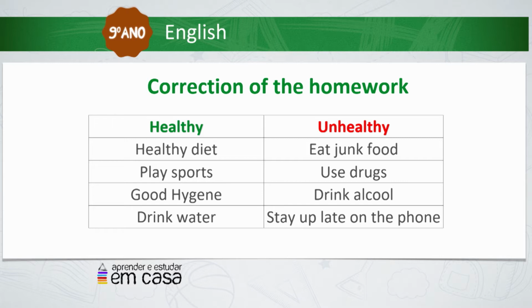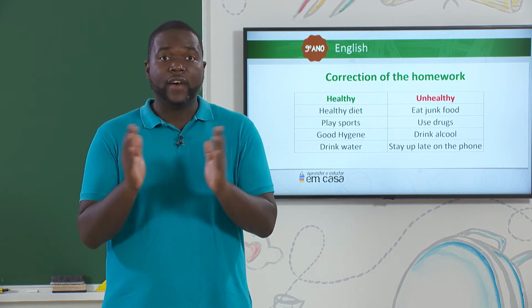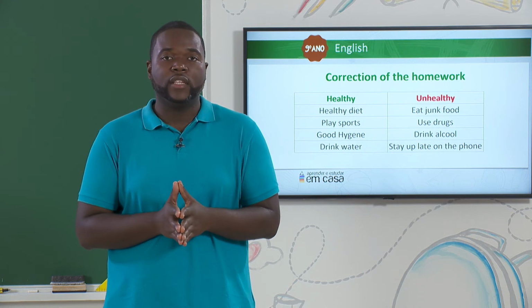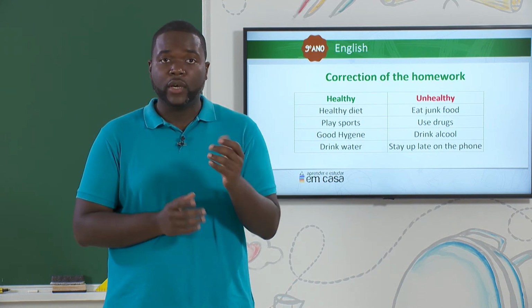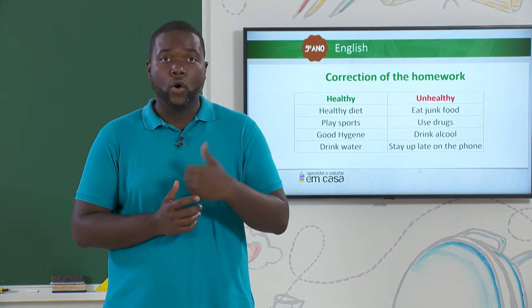Now, the unhealthy ones were eat junk food, use drugs, drink alcohol, and stay up late on the phone. Well, students, that was the first homework, to divide the group of words into healthy and unhealthy habits. Now, the second homework, remember, you had to make sentences using will, may, or might.